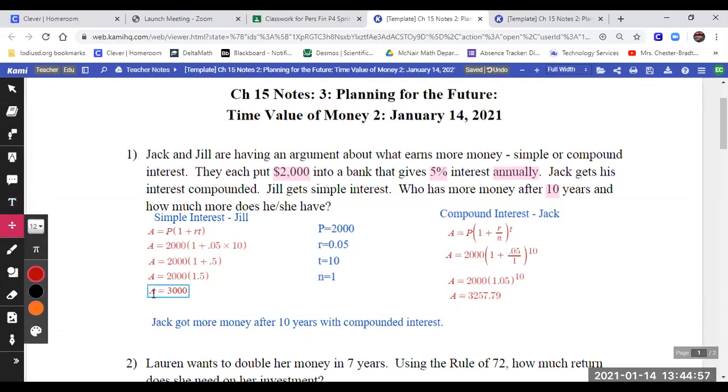So I'm going to get my equation and solve how much more. To solve how much more, you just do compound minus simple. So 3257.79 minus 3,000 equals how much? Yes, I know you can do this in your head, but we're practicing how to set up for the test because you get graded for your work on the test. So I think this is 257.79, right?